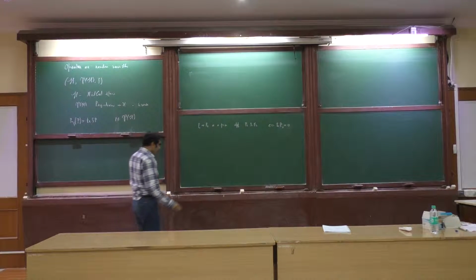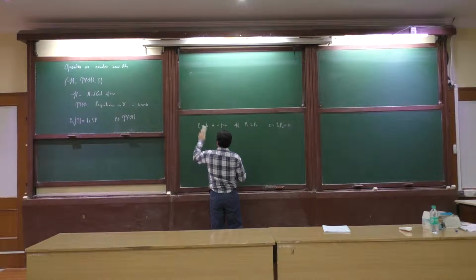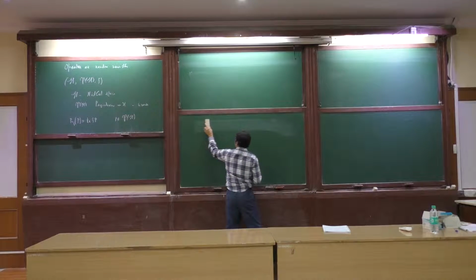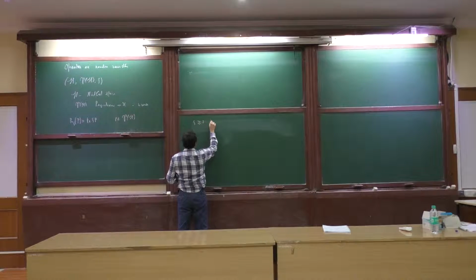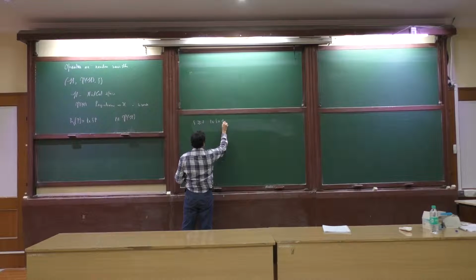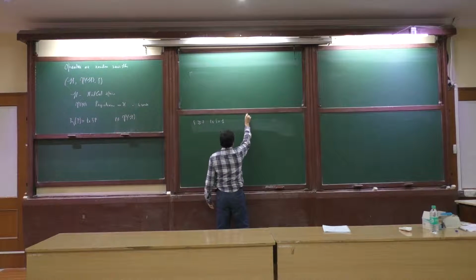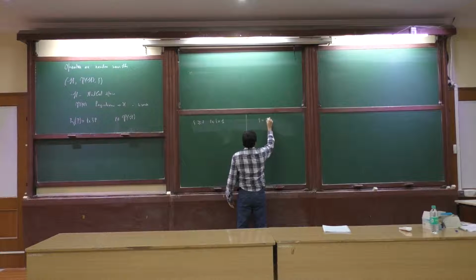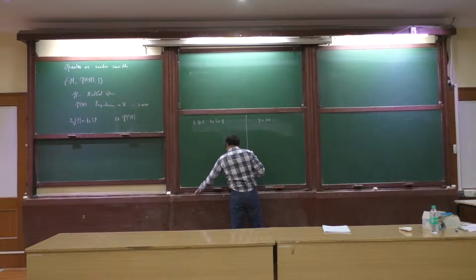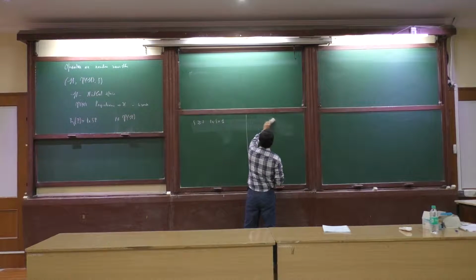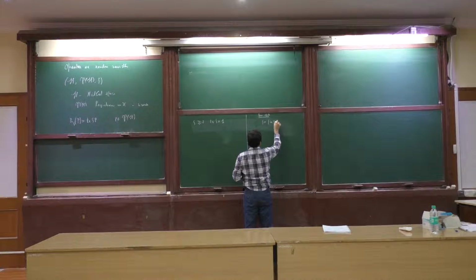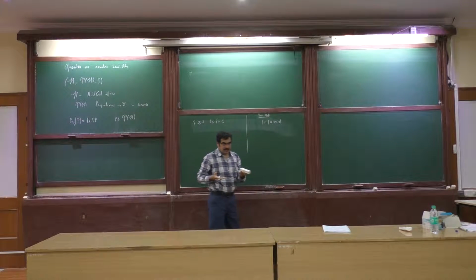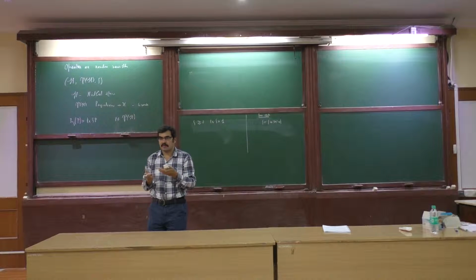Now rho, what is rho? If you remember, rho is a positive operator with the trace of rho equal to 1. Okay? And the special one is the kind where you have pure states. So here rho is a rank 1 projection, the projection onto the span of some vector.